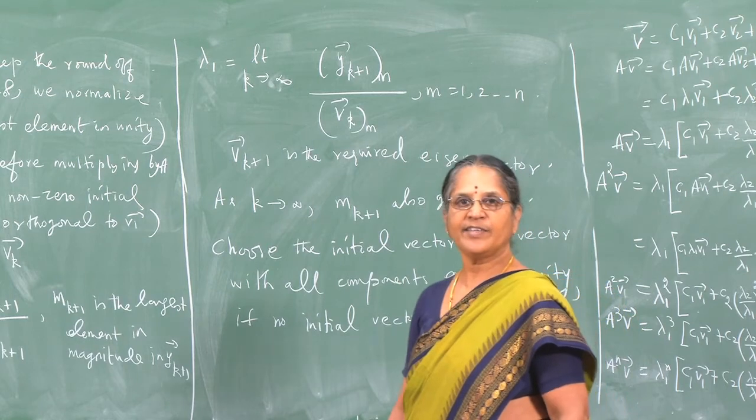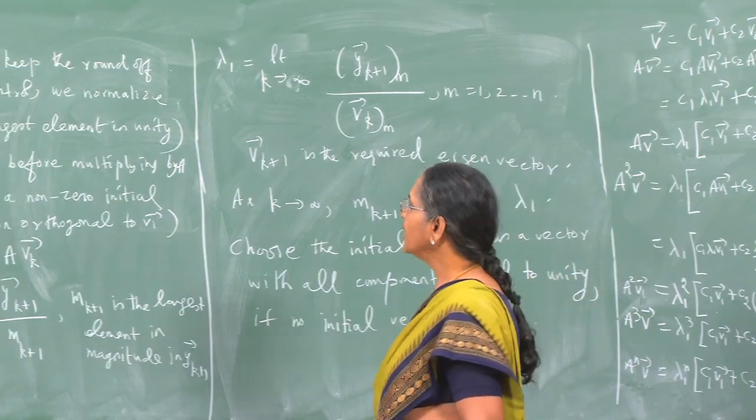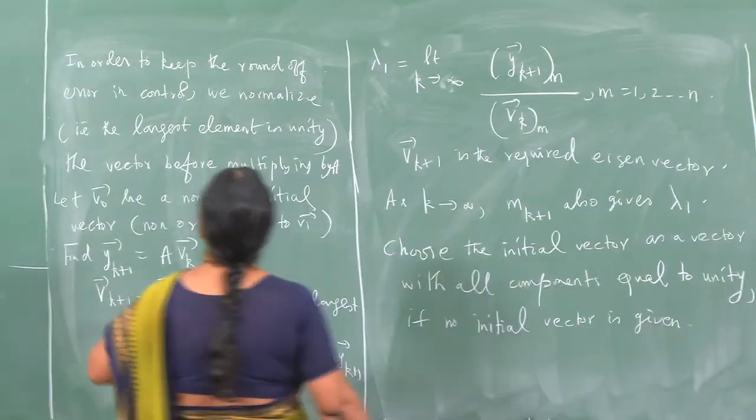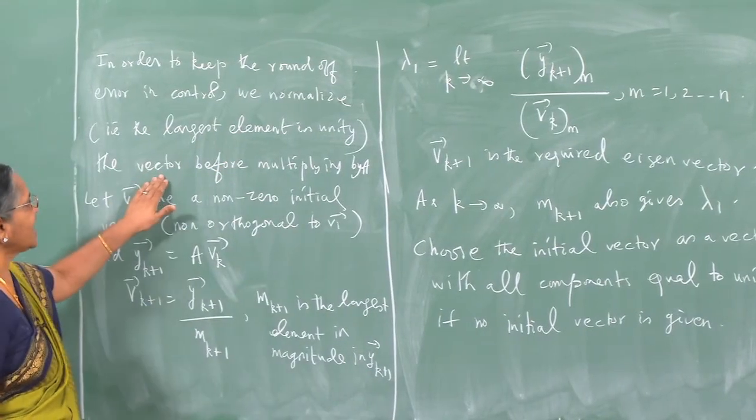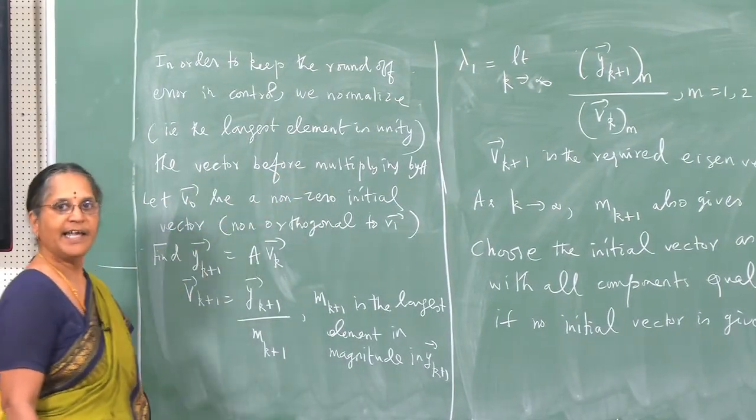We take care of this by doing the following, namely we normalize the vector before multiplying by A.